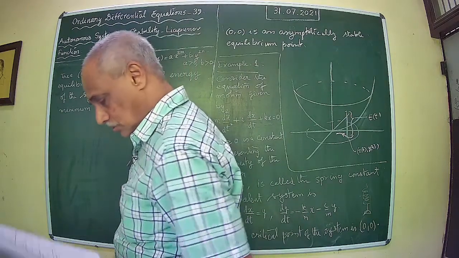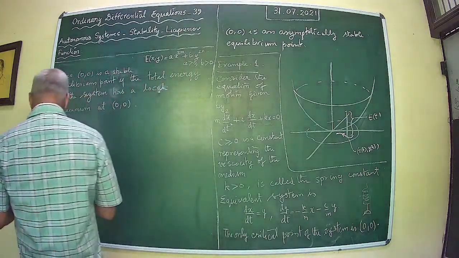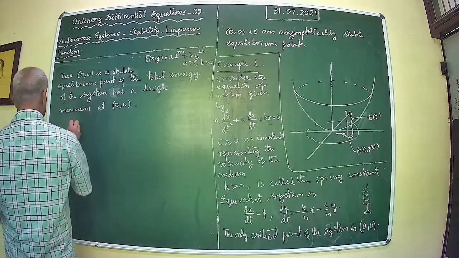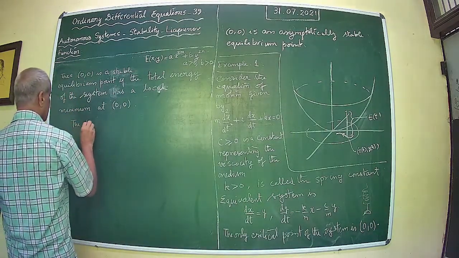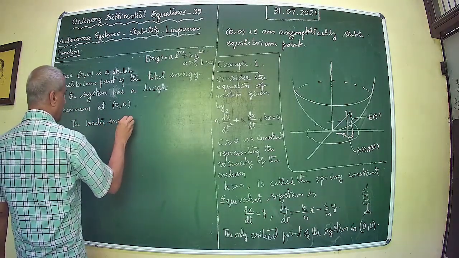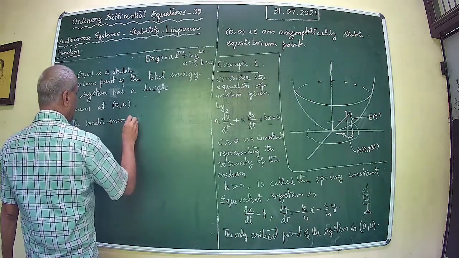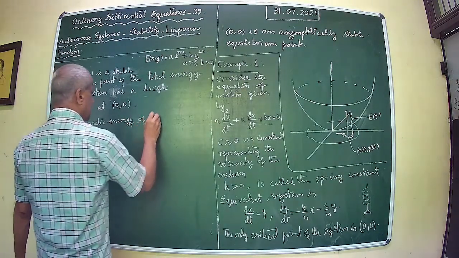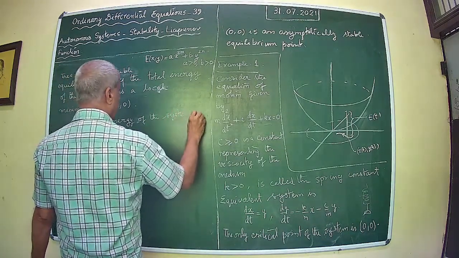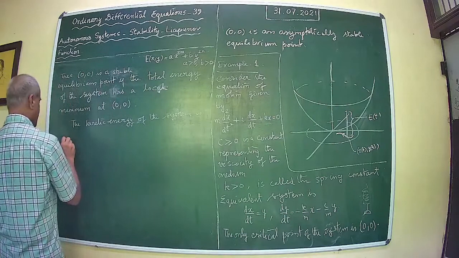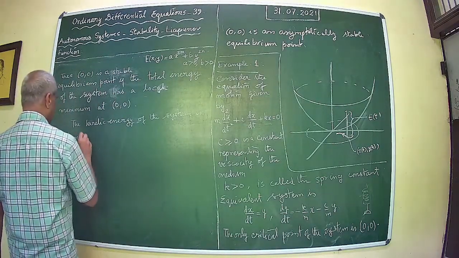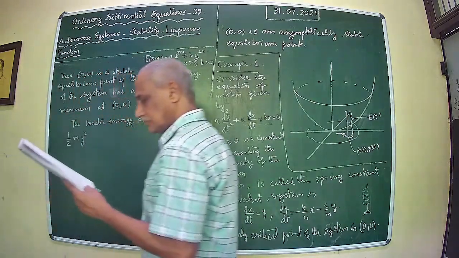Okay, so we write down the total energy. The kinetic energy of the system is half m v square, v square is y square.